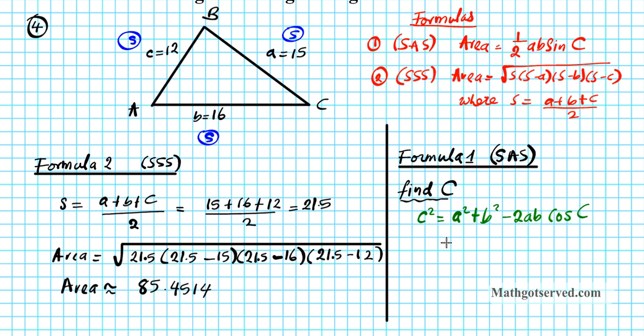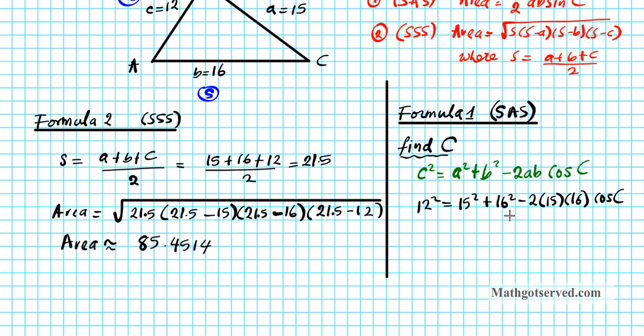So let's go ahead and populate our measures. We have 12 squared equals 15 squared plus 16 squared minus 2 times 15 times 16 cosine big C. Now we're going to do this as we did the other problem. Let's subtract these squared quantities from both sides.